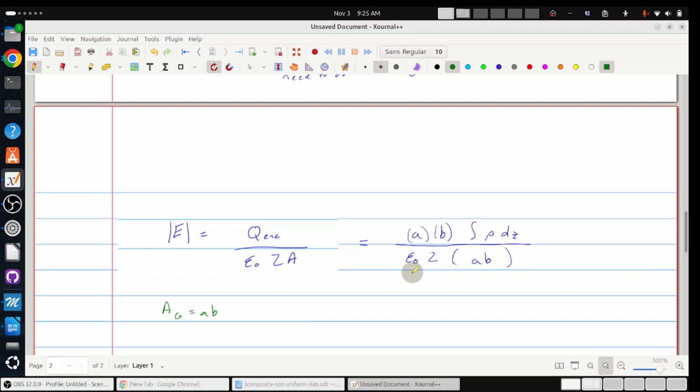And so this simplifies down to give us this integral of rho dz over 2 epsilon naught.